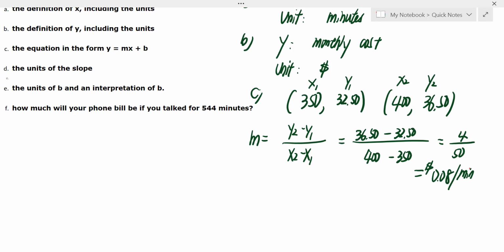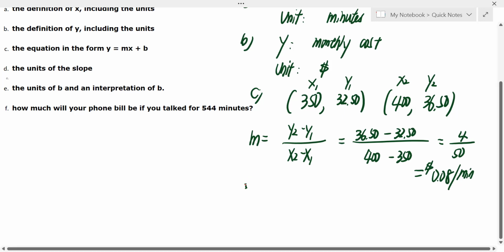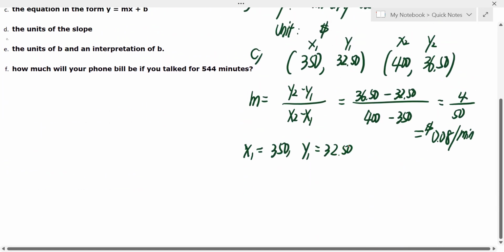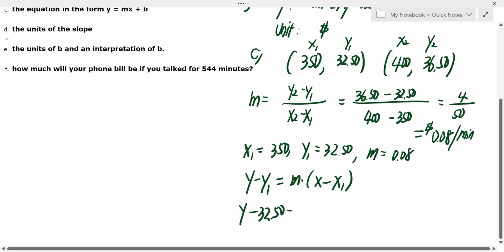Now from here, we can label x1 as 350, y1 as 32.5. Now we know the slope is 0.08, and we use the point-slope formula. Let's come up with the equation of the function. Replacing y1 with 32.50, slope is 0.08, and x minus 350.